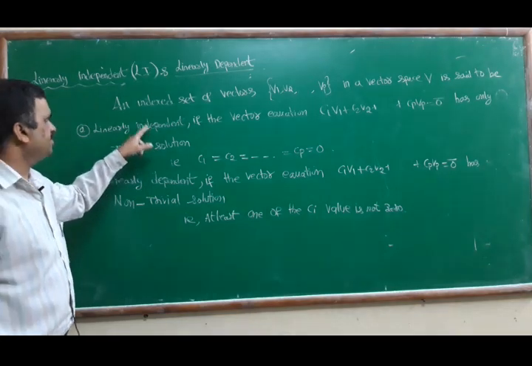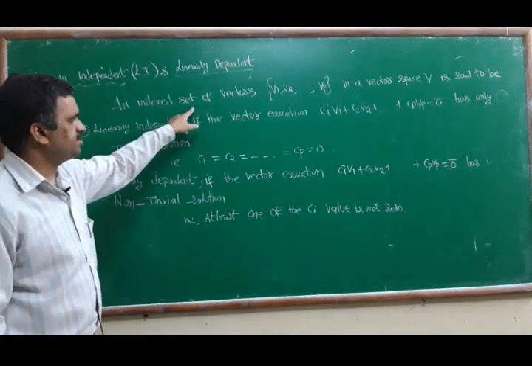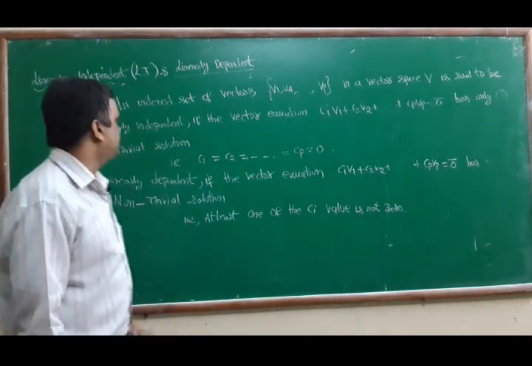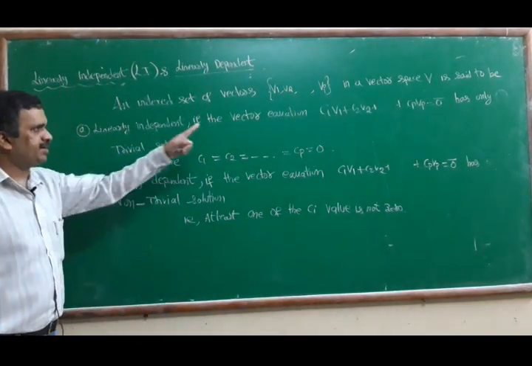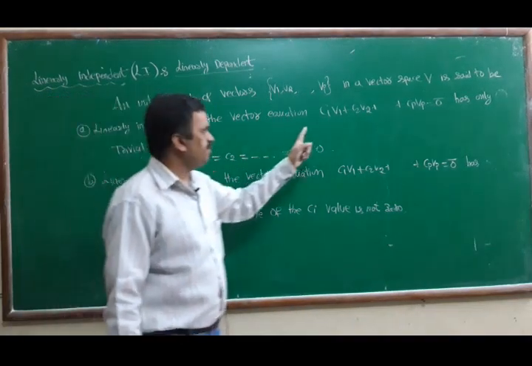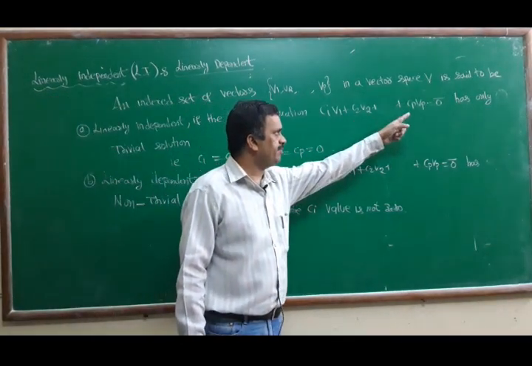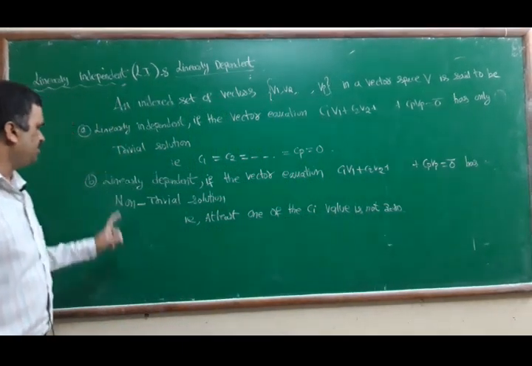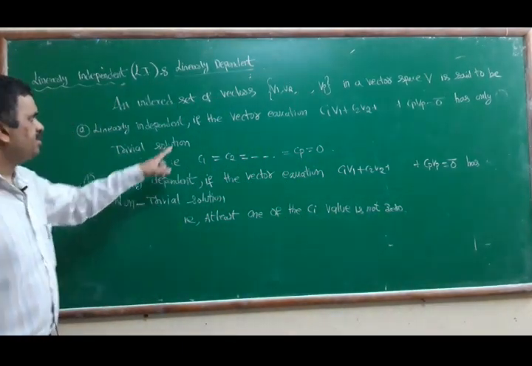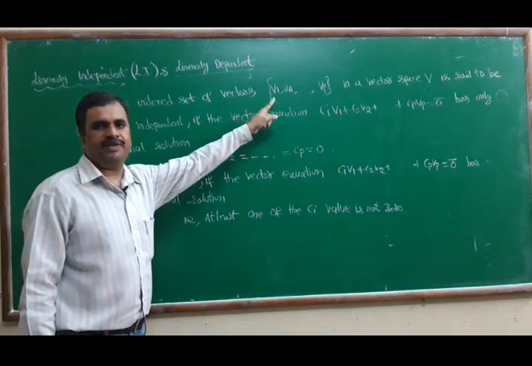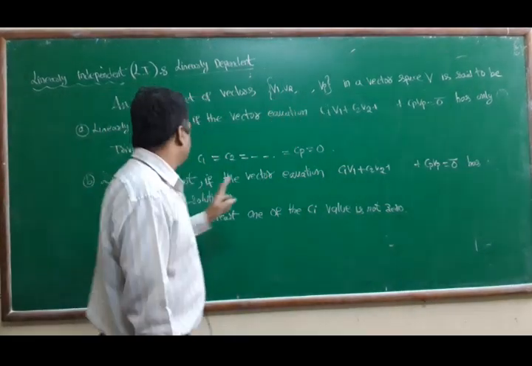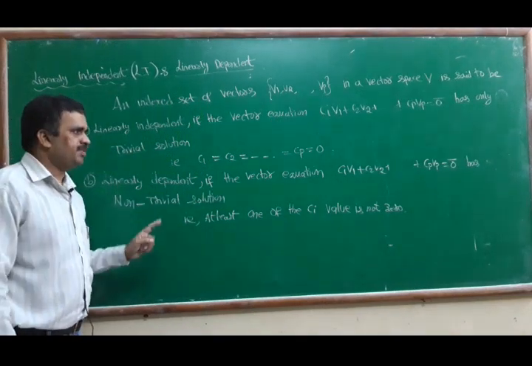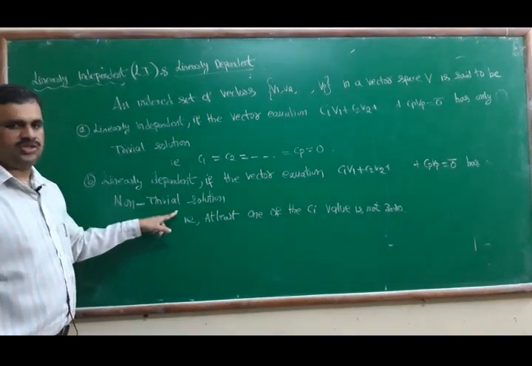Once again, an indexed set of vectors v1, v2, and so on vp in a vector space is said to be linearly independent if the vector equation c1 v1 plus c2 v2 plus so on cp vp is equal to 0 bar has the trivial solution. And next we have linearly dependent. This indexed set of vectors is known as linearly dependent if the vector equation has a non-trivial solution.